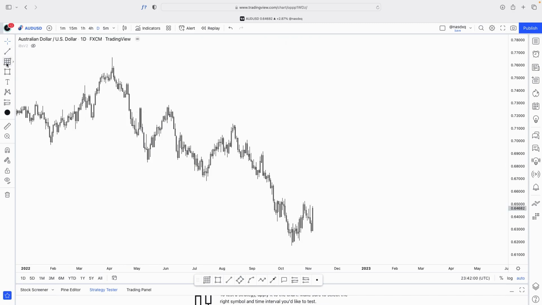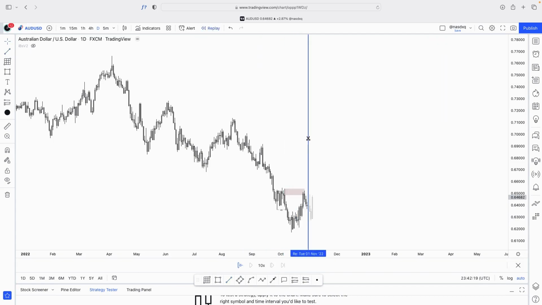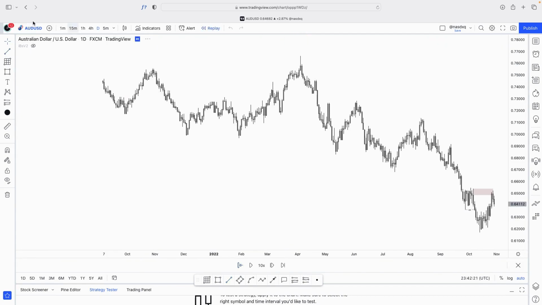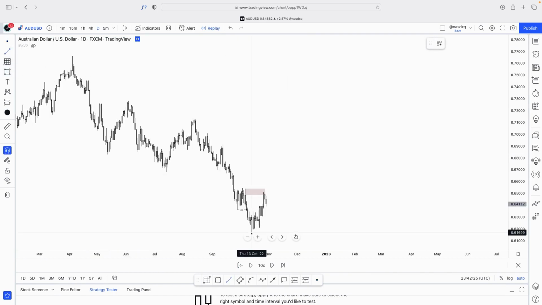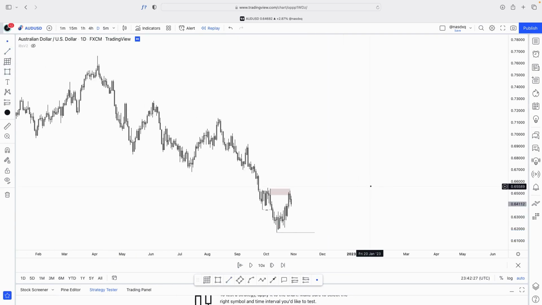Price came into this supply, which broke this low, so it is a significant area of supply. However, when we came back into this area, we didn't push and print a new low. Once we see this sort of formation, we're expecting price to take out this low, or at least target it.